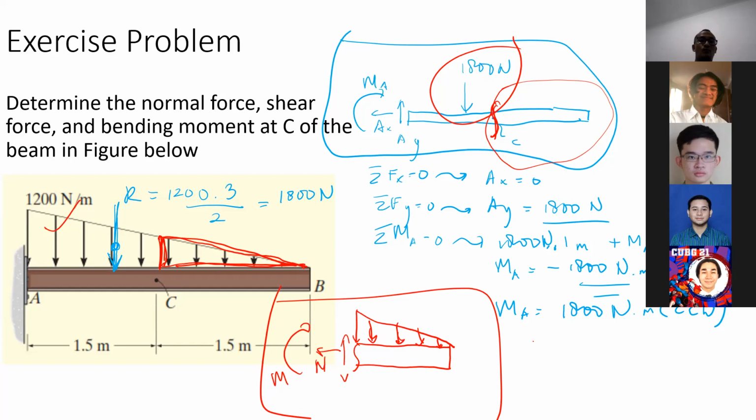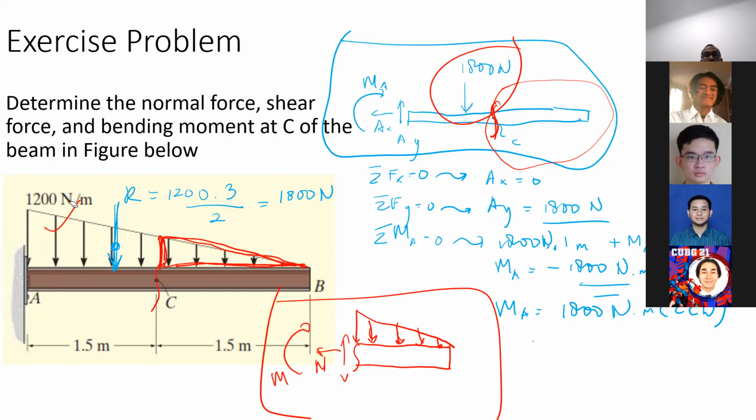So when we want to solve for this one, we can do the first thing like what I taught you guys before: solving for the external forces at A first, then after that, solve for the section here. But that one is not necessary.